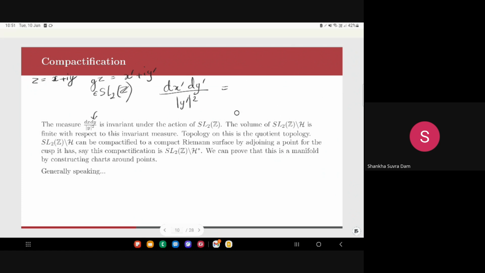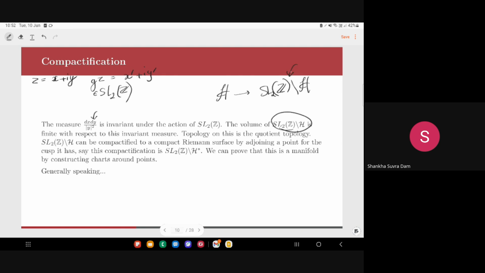Right. So the topology on this is the quotient topology. By this, I mean the topology on this quotient space is, if we have this map from SL2Z, any set is open here if its pre-image is open by the canonical map.